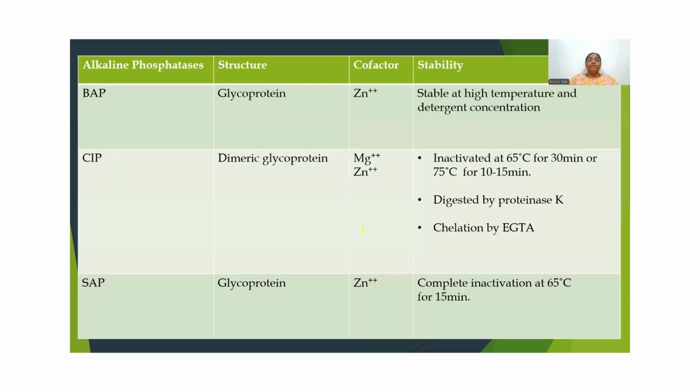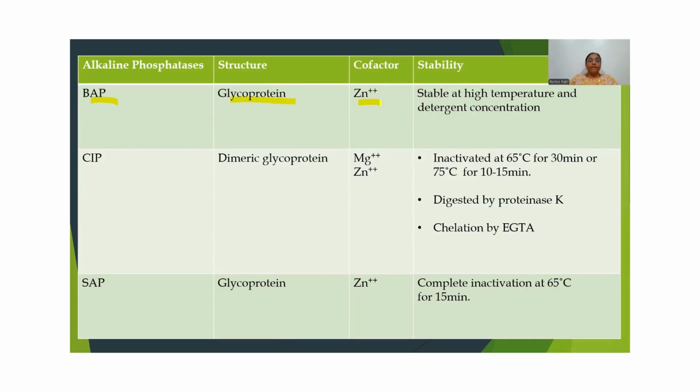Now going towards this chart, it summarizes the number of phosphatases used, their structure, their cofactors, and their stability at various conditions. The BAP is the bacterial alkaline phosphatase. It is a glycoprotein and requires zinc as a cofactor.